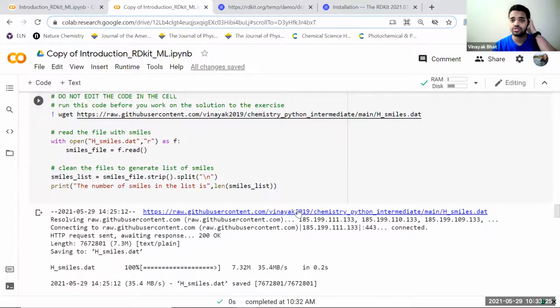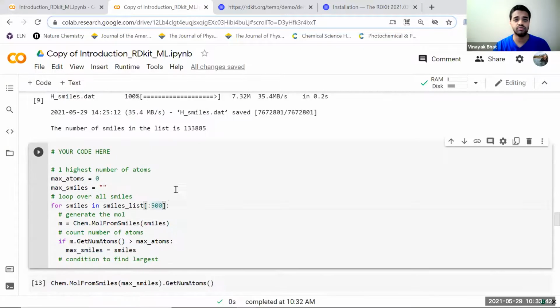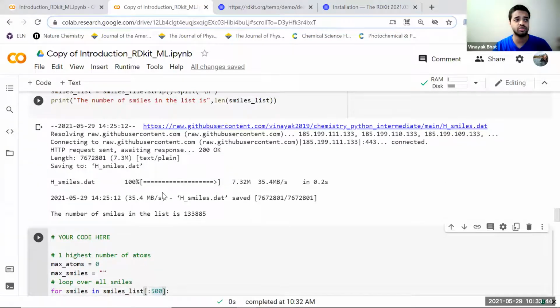Okay, so is everyone comfortable until this point? If you have any questions, please let me know. This code will be available for you because it's saved in your drive. You can go over it again and again and try to solve this.